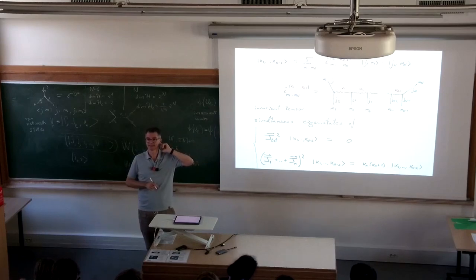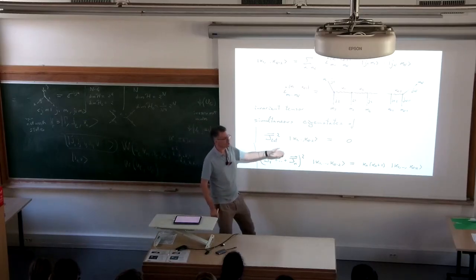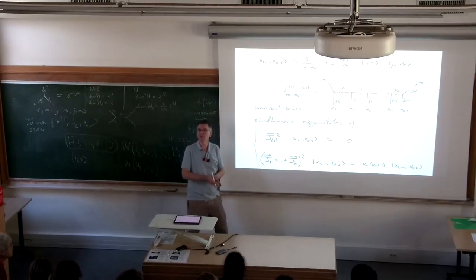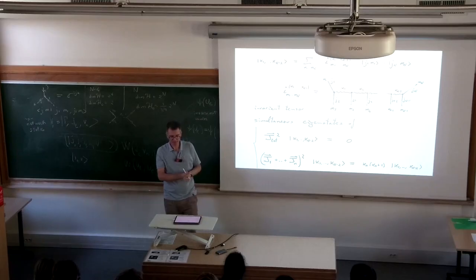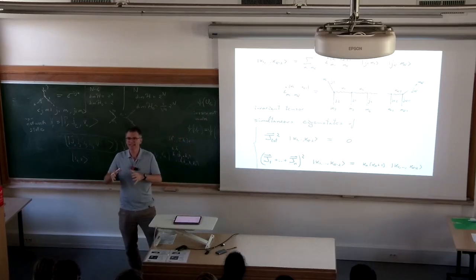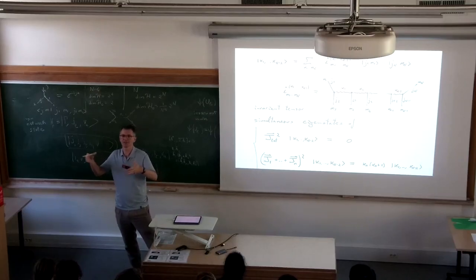Yes? But k isn't fixed, no? K is all possible values. If you span through all possible allowed values, you span over all of the elements of our orthonormal basis. And then, are we also summing over all possible values for k? Think in the same way as you think about eigenstates of the Hamiltonian of the hydrogen atom.